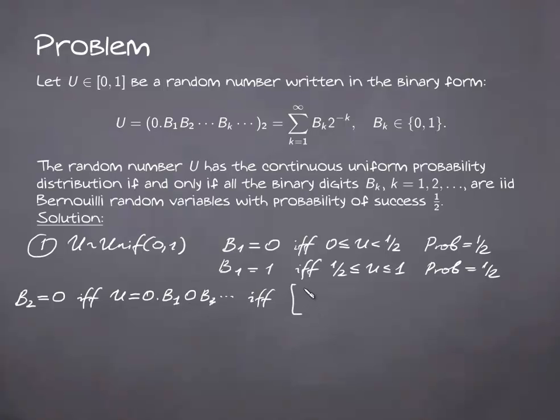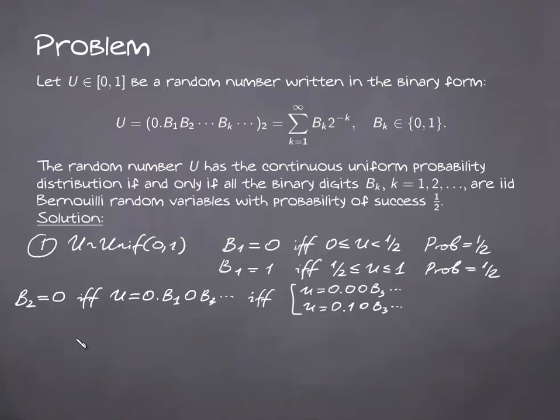So b1 can be 0, in which case u has the binary representation 0.00b3 and so on, or b1 is 1 and u equals 0.10b3 and so on. Let's consider the first case. In the first case, the first two digits after the binary point are zeros, and the lowest possible number of this form is the number where all digits are 0.